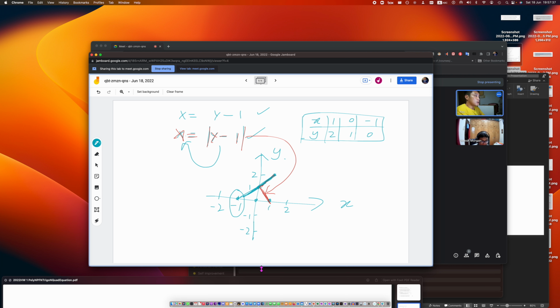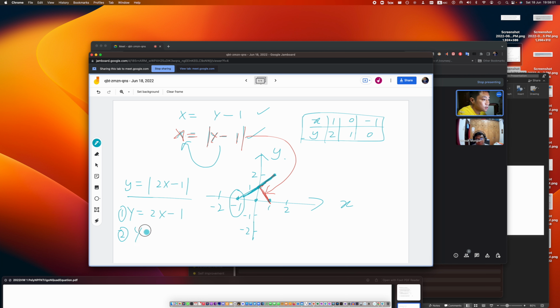Okay, good. So with this understanding, these are the fundamental concepts about the modulus sign. What I'm trying to tell you is, if I give you y equals 2x minus 1, you always draw the one without the modulus sign first. This is step 1.